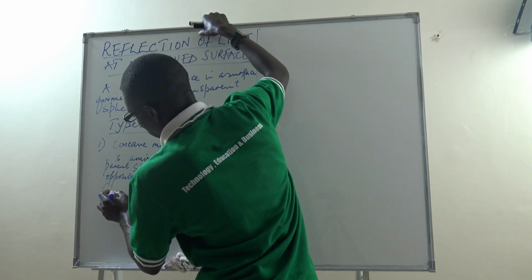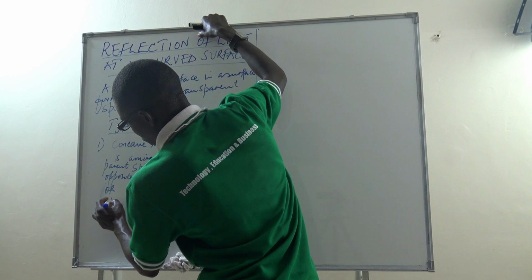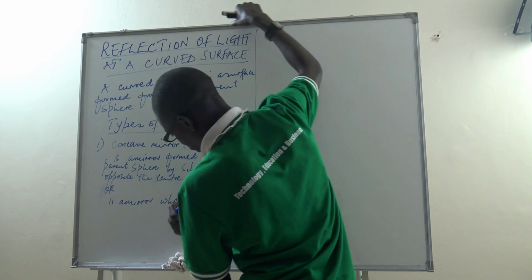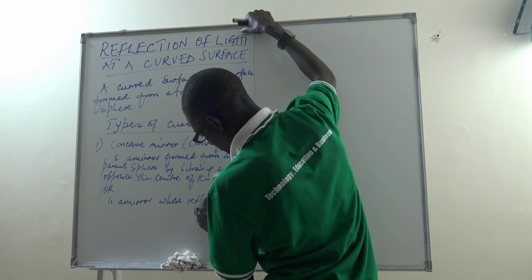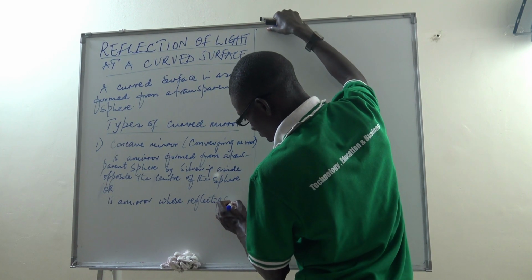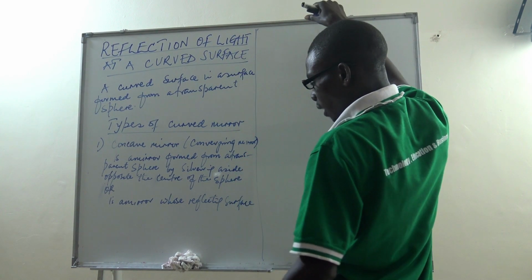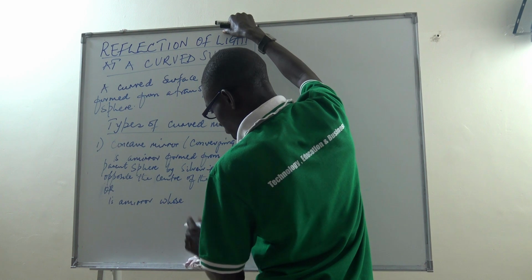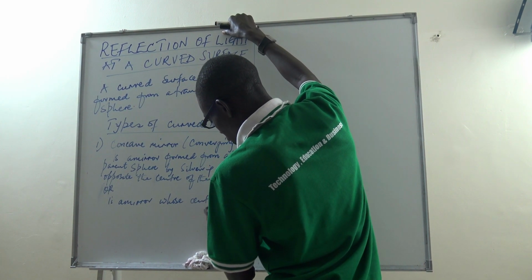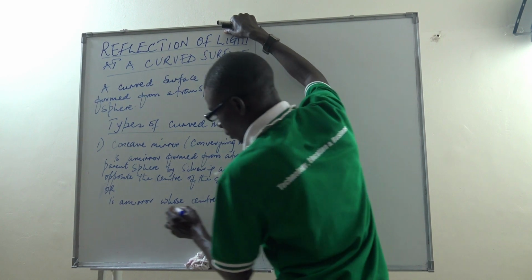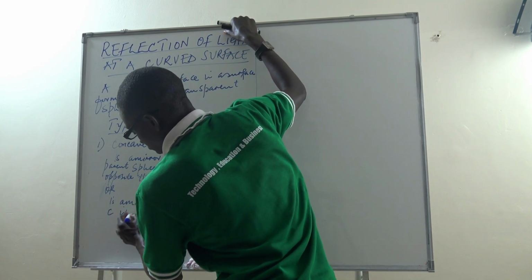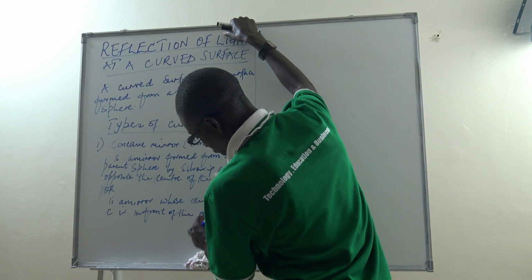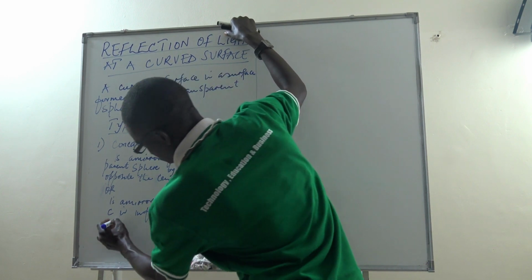In brackets, or it is a mirror whose reflecting surface, a mirror whose center of sphere C is in front of the reflecting surface.